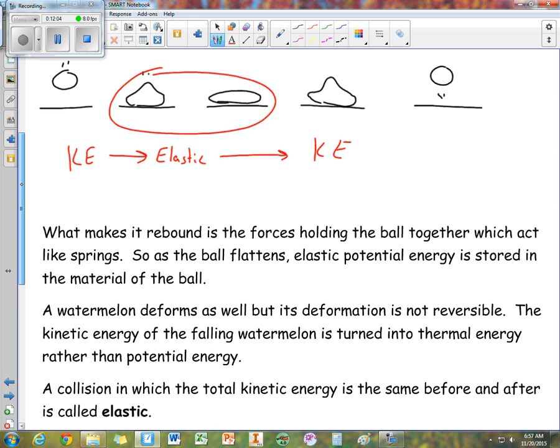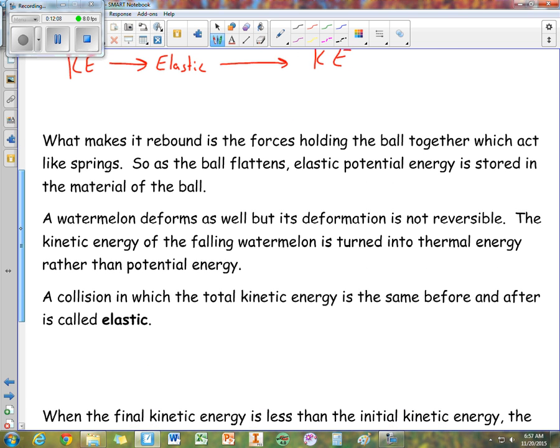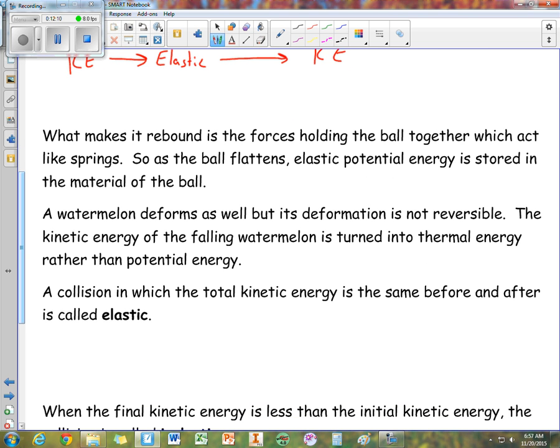As the ball flattens, energy is being stored in the material. A watermelon will do the same thing. It'll deform once it hits the floor. However, its deformation is not reversible, as you might imagine. The kinetic energy of the falling watermelon is turned into thermal energy rather than potential energy. And that can make for a lot of fun.